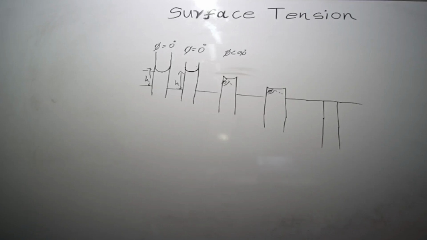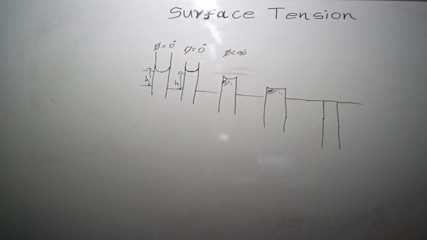Right, so regarding this, we'll do a question. Write down Q. A liquid with phi equals 0. Phi means contact angle, right?